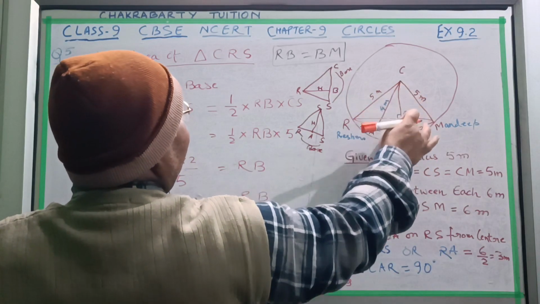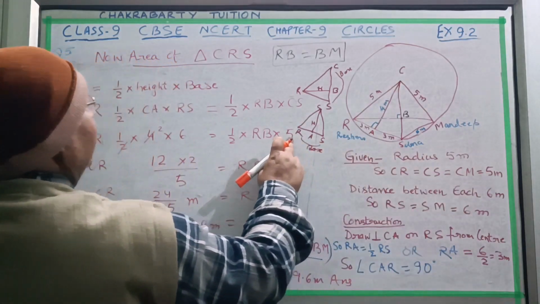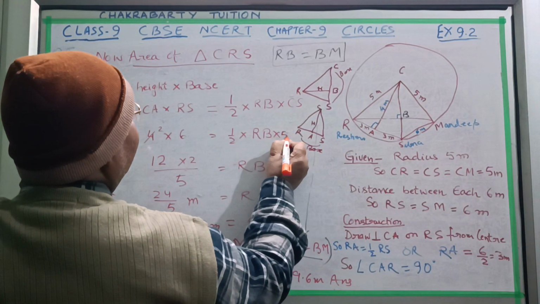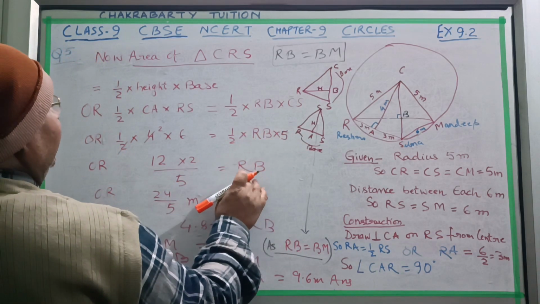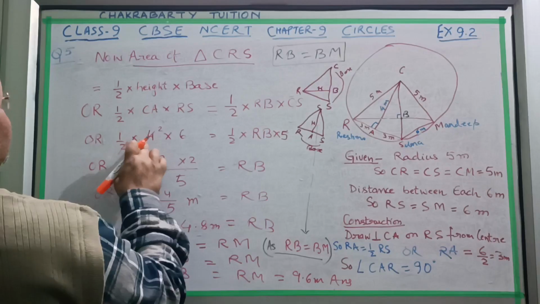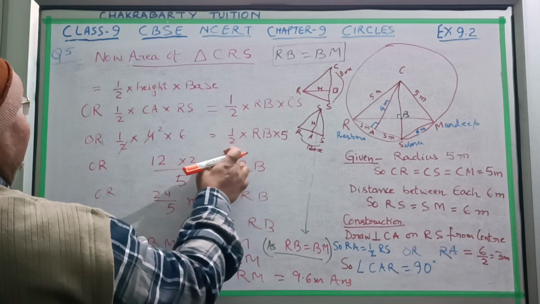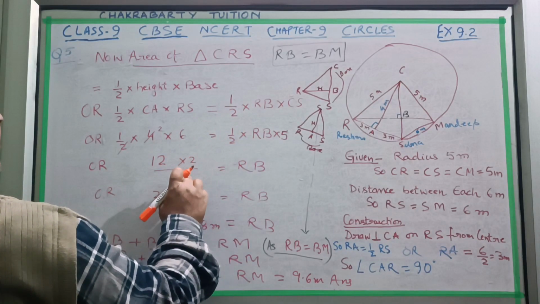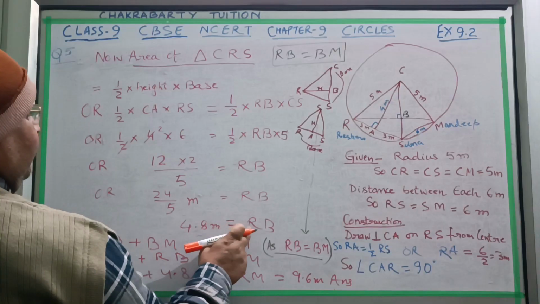We have put the value 5 here. Now we are solving. RB we are leaving as it is. 2 and 2 we have struck out, so 2 will remain. 6 times 2 is 12, and when this figure transposes to the other side, it will reverse. So 2 will go up and 5 will come down. So if we solve, RB will be equal to 4.8 meter.